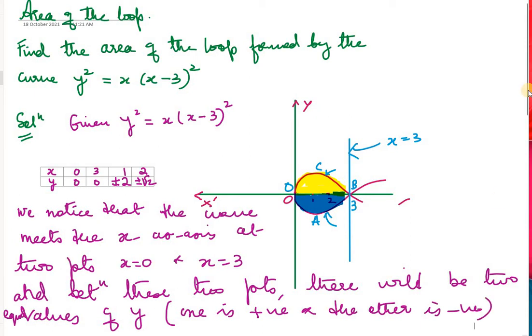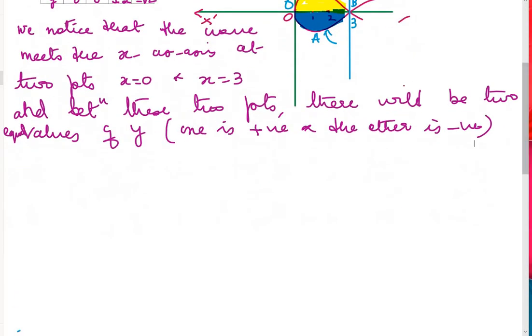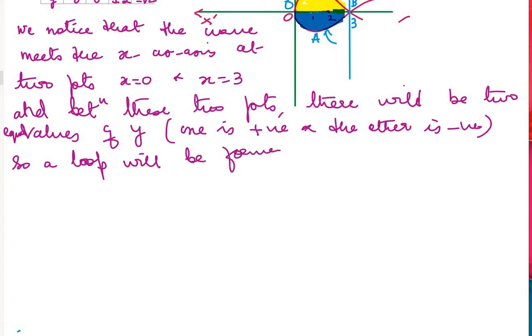So a loop will be formed between x is equal to 0 and x is equal to 3.